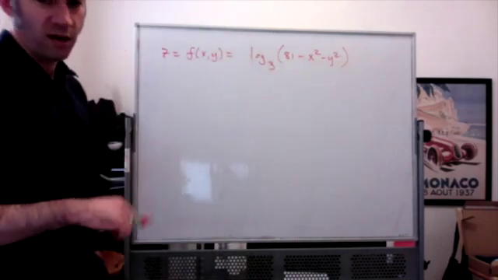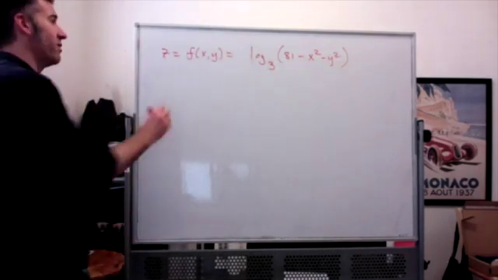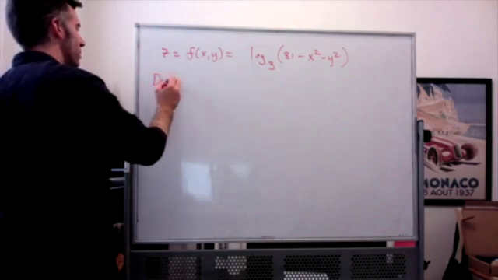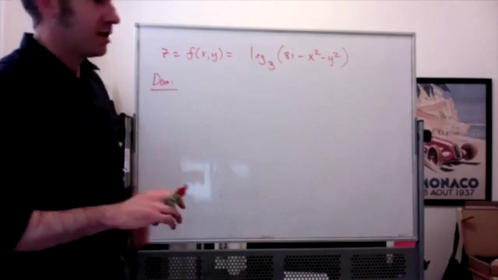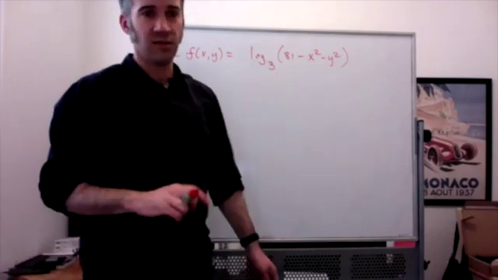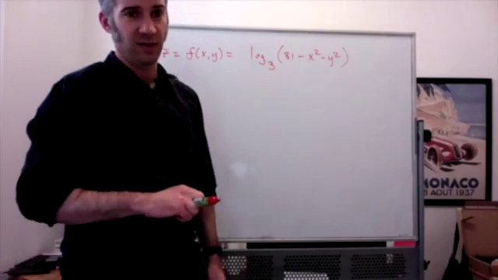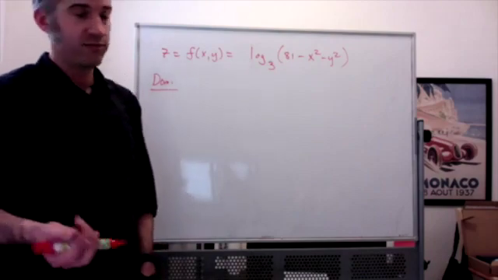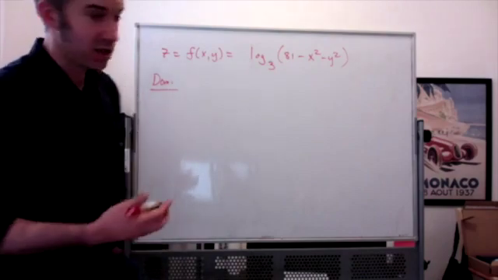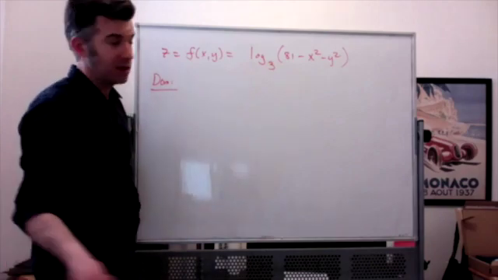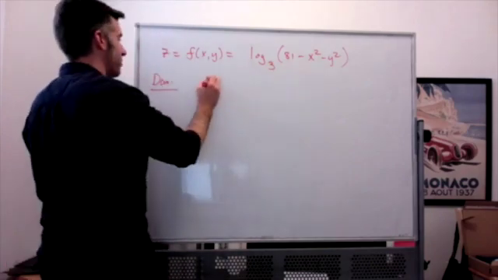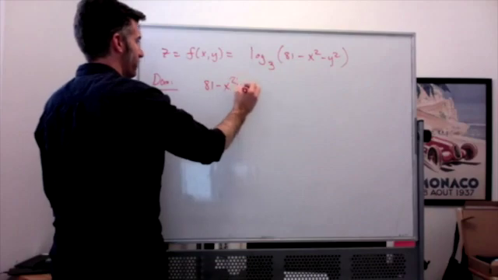Fun times. And I want to find the domain and the range. By the way, finding the domain of this question definitely relates to the stuff we talked about in the beginning about describing what regions look like. So I know for a logarithmic function, the insides have to be greater than 0.